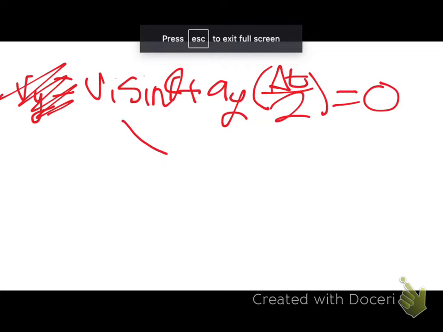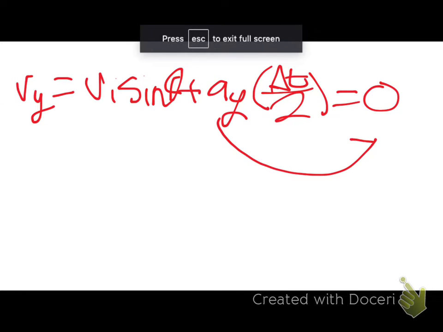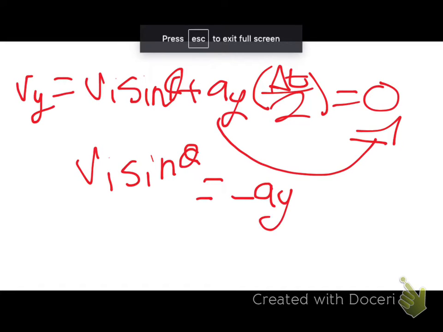Now we're moving this to the other side, but it's not a division problem, it's a subtraction problem, okay? So it would look like they moved this bit to the other side, that's why it's negative. It's a subtraction problem. So now we have velocity sine of theta, and they subtracted it, so it's equal to negative acceleration of y, change in time over 2. And then they just combined the equation.